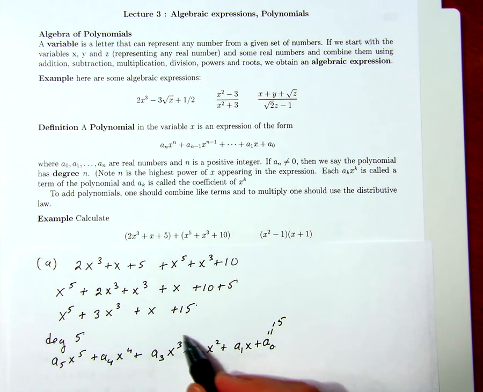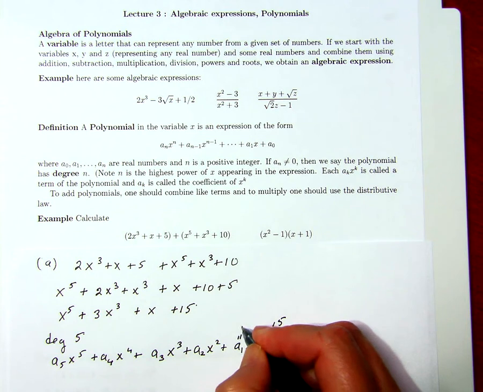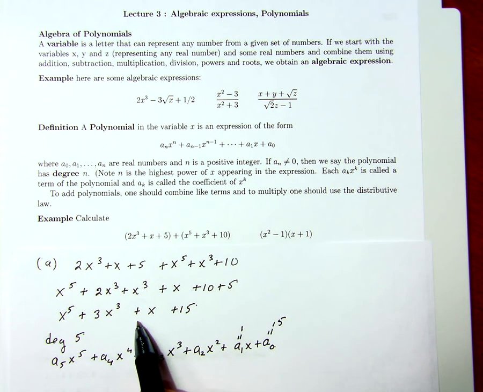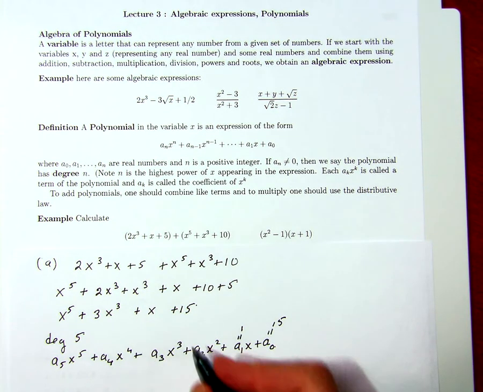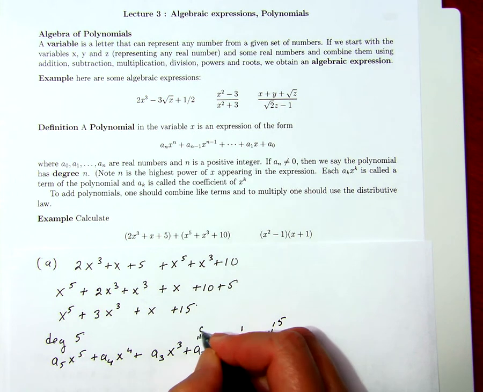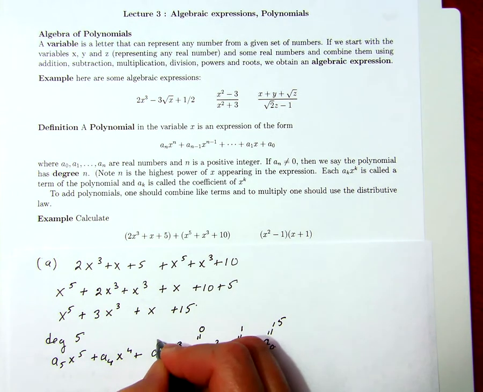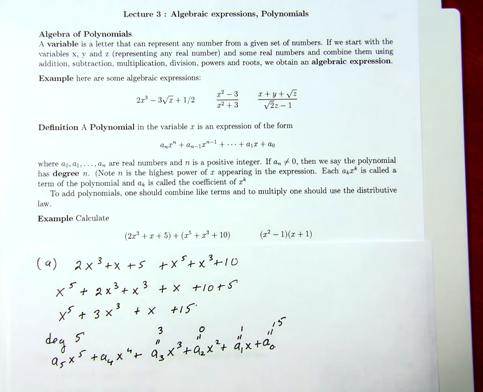The coefficient of x is 1. The x squared term doesn't exist here, so the coefficient is 0. The coefficient of x cubed is 3. The fourth term doesn't exist, so a4 is 0. And the coefficient of x to the 5 is 1.